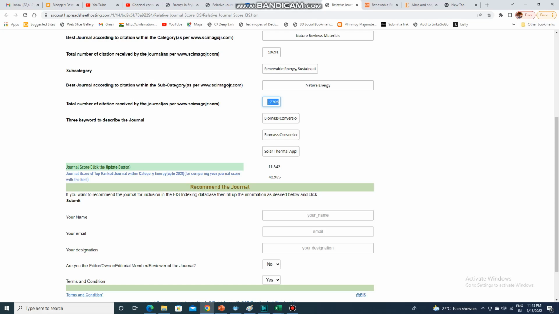What it does, it divides the total number of citations received by a journal by the total number of citations received by the best journal of that category.